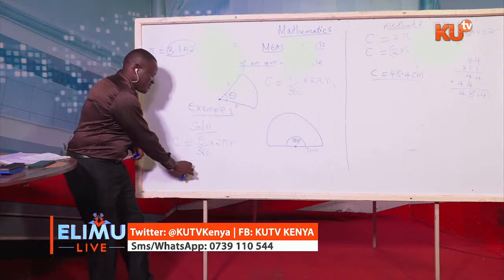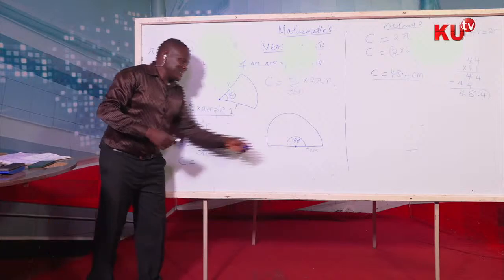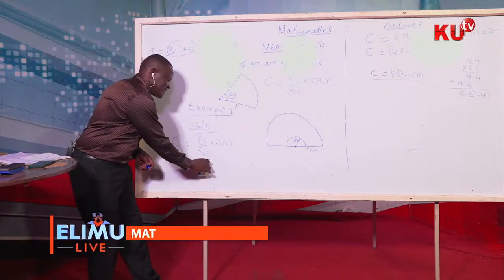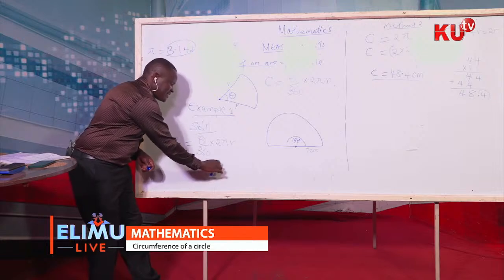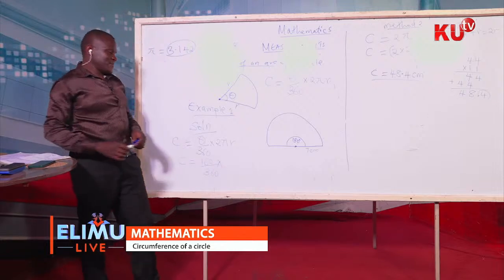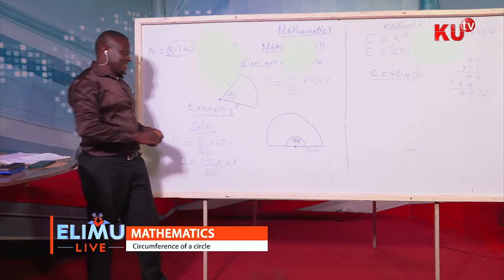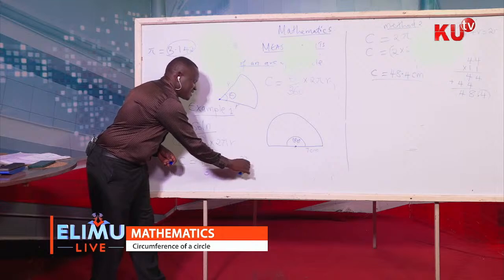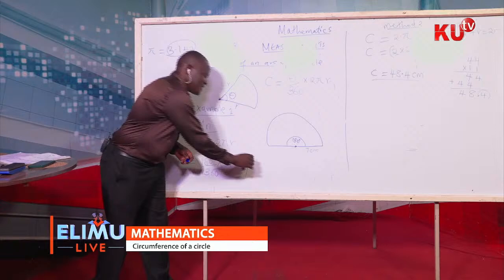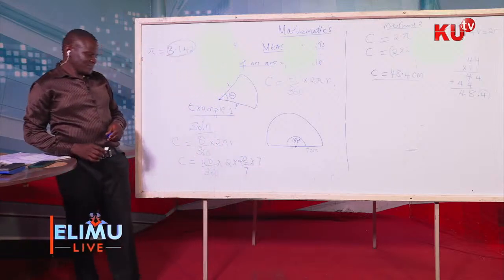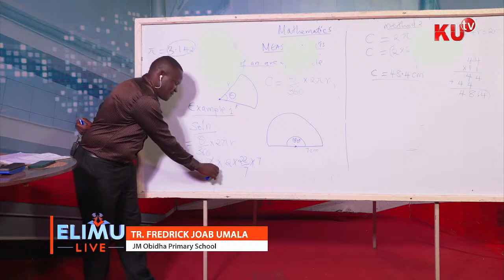So the circumference will be equal to theta, our angle theta is 180 degrees, over 360 times 2 times pi. Our pi is 22 over 7, then times the radius, which is 7. So we work out 0 into 0.